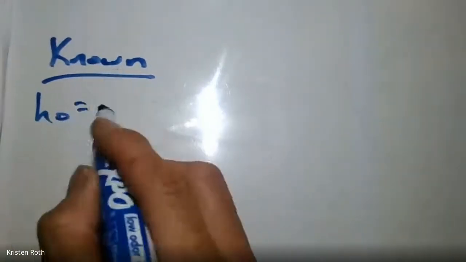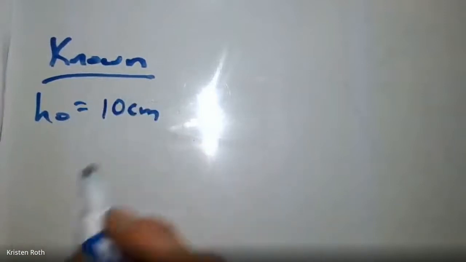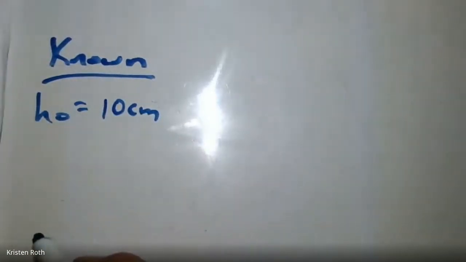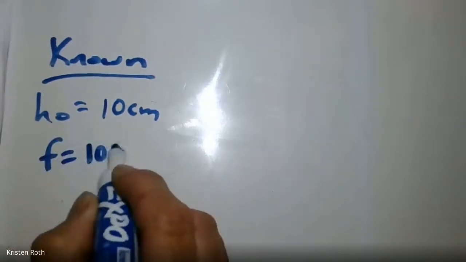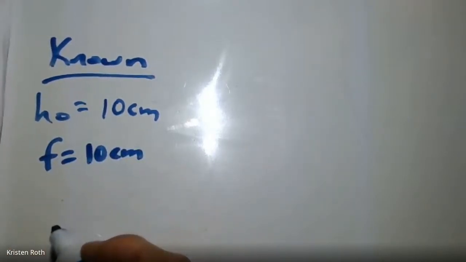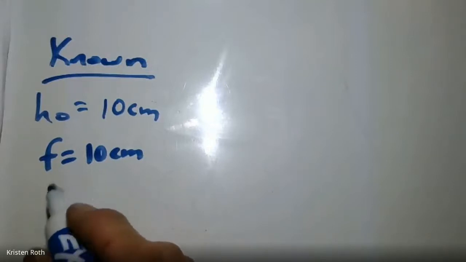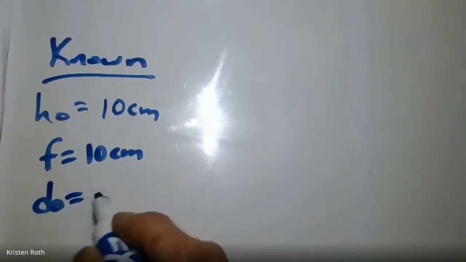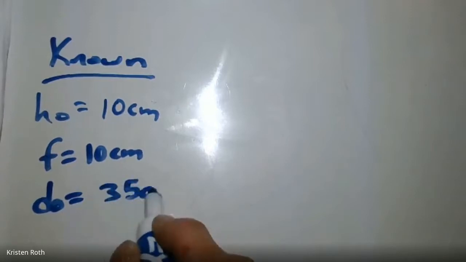Okay, what do we know for 10A? Object height. We actually need to have this calculation because this is a two-part question. Focal length is 10 centimeters. We're doing 10A, so distance of object is 35 centimeters.